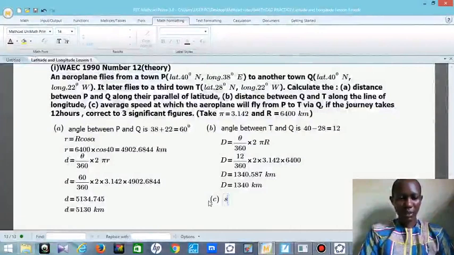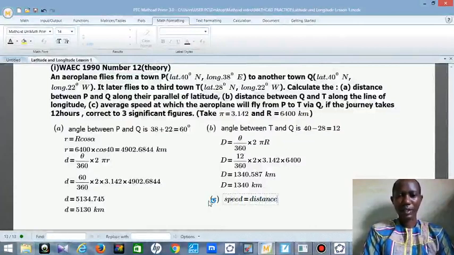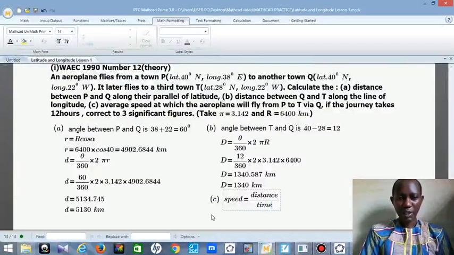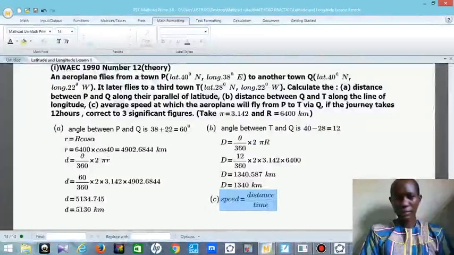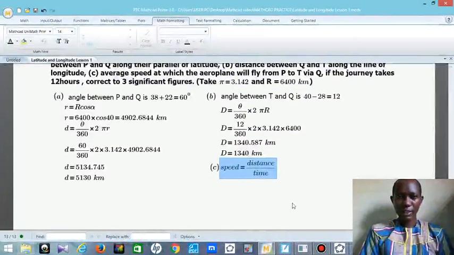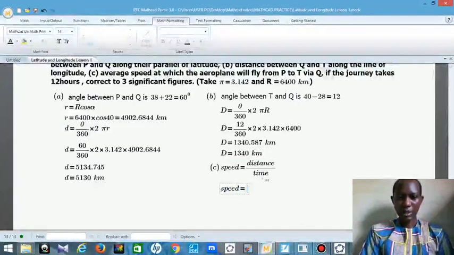All we need to do is our speed formula. We all know that speed is distance divided by time. So speed will be equal to the distance from P to Q, which is 5,000.